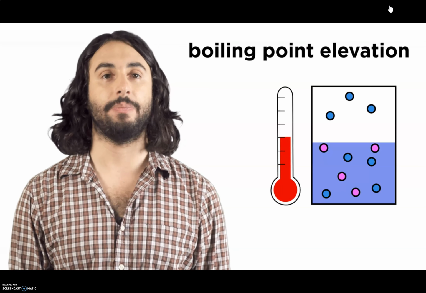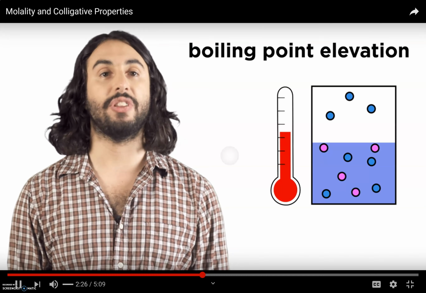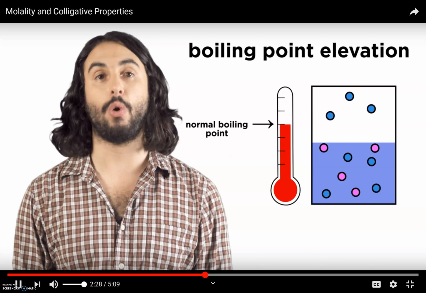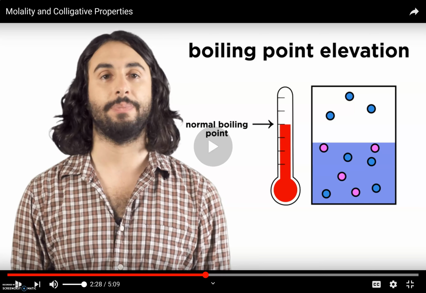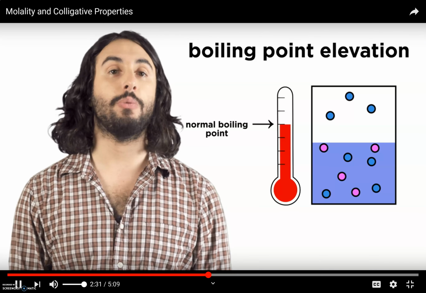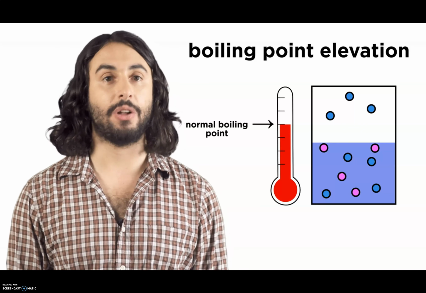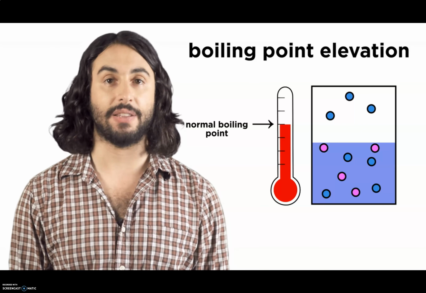A similar phenomenon is that of boiling point elevation. When a solution is raised to the temperature at which the solvent should boil. Again, there are solute particles blocking the solvent molecules from going into the gas phase.